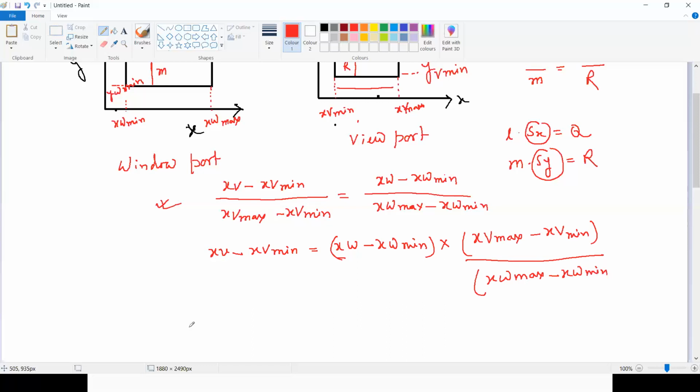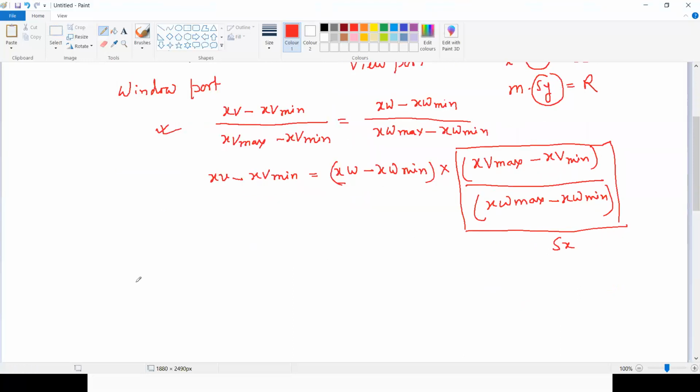So this portion is my scaling factor Sx. If this is my scaling factor Sx, then we can write xv is equal to xv min plus xw minus xw min into Sx.